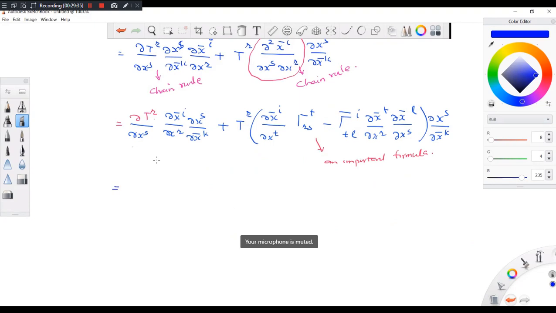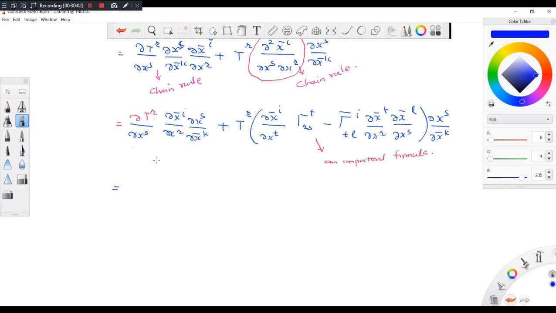Here I write del t r, instead of r I write t: del x s, then del x bar I by del x t, because this r I changed to t because it is dummy, del x s by del x bar k. First here I changed R to T.